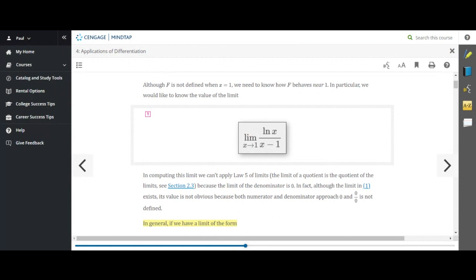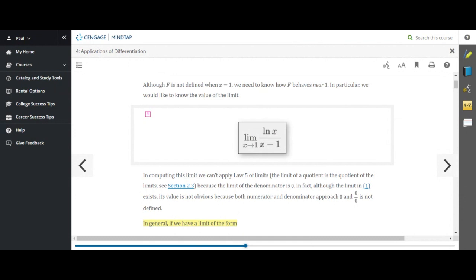Okay, so what does the numerator, the natural log of x, approach as x approaches 1? What does the numerator approach for this limit as x approaches 1 of the natural log of x over x minus 1? Let me add, what's the denominator go to?